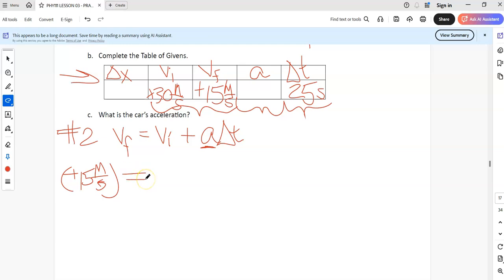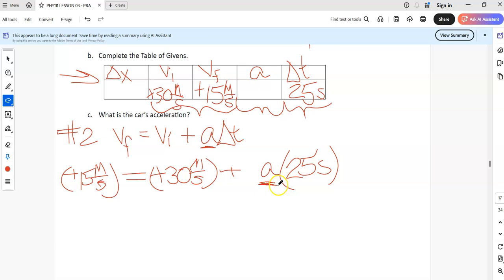So our final velocity equals our initial. Our initial velocity is plus 30 meters per second. And that's plus a second term, which is our unknown acceleration, times our known time, which is 25 seconds.